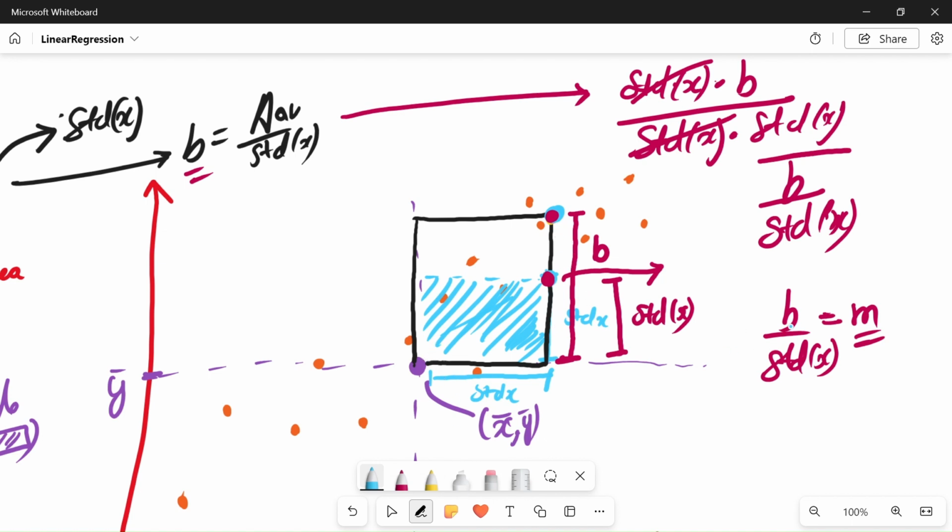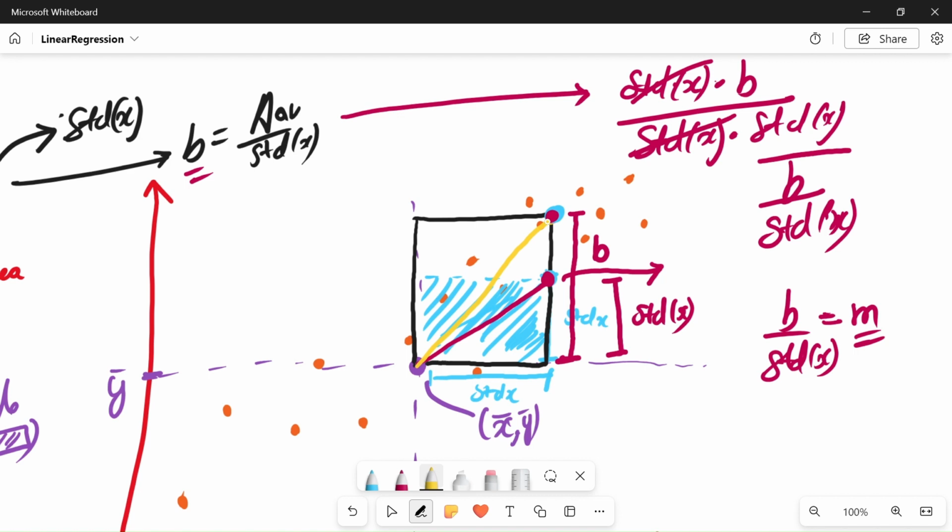Now, this expression is actually telling you how much scaling you need to perform on standard deviation of x to get to point B. Okay, so it is as if this is where we are and this is where we want to be.